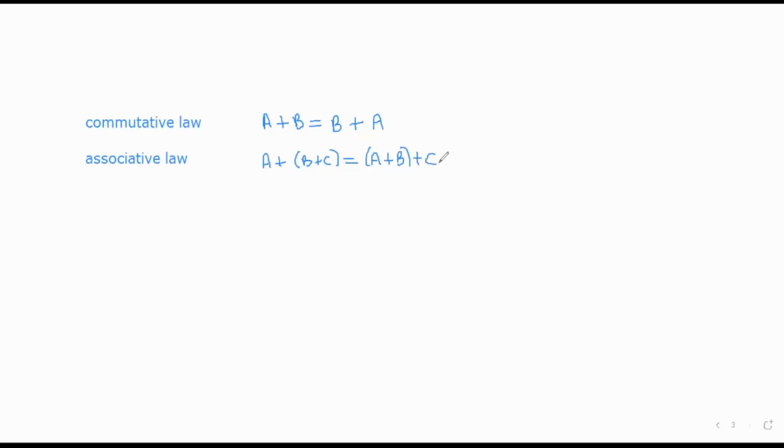Notice that I have not put the vector bar over A, B, and C, because this law is only for ordinary algebra, where A, B, C are scalar quantities.